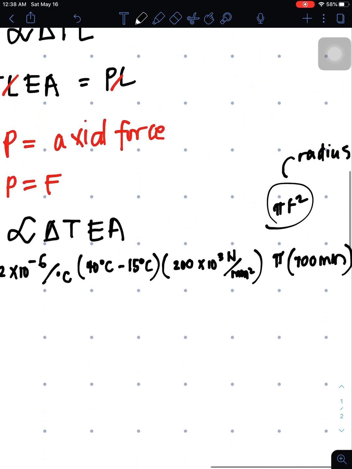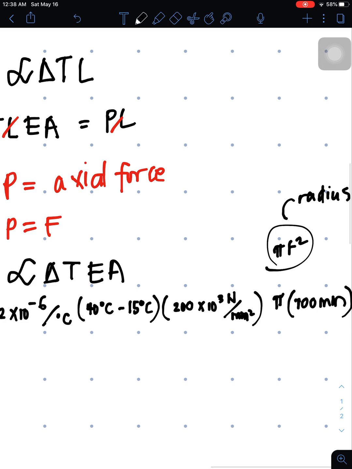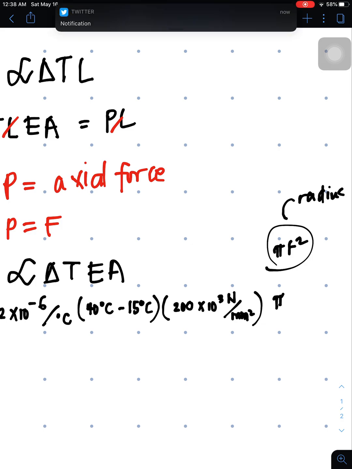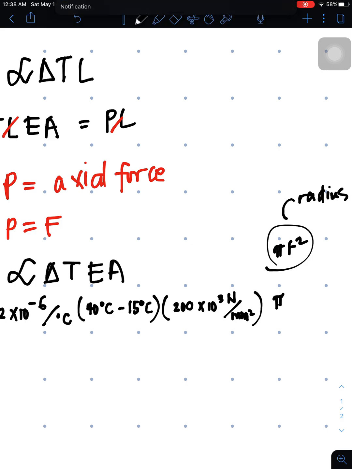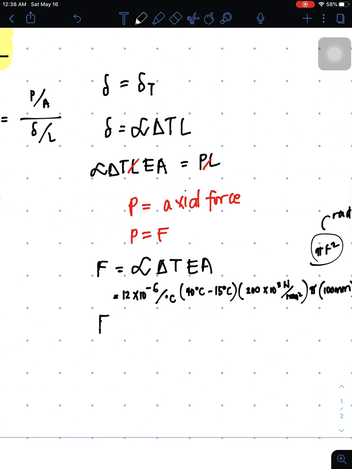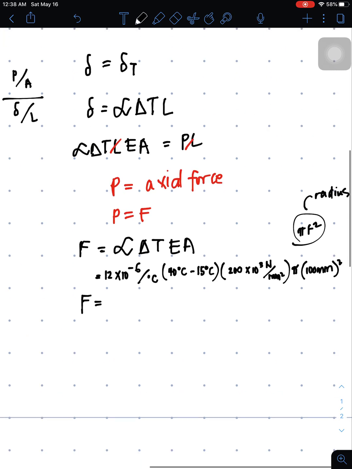And do not forget that we're going to get the square of that. So this is now to be multiplied by pi times 100 mm squared. So our force now is equal to that function.